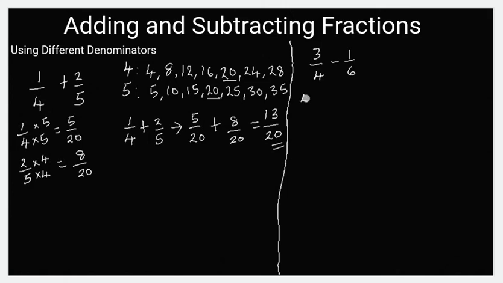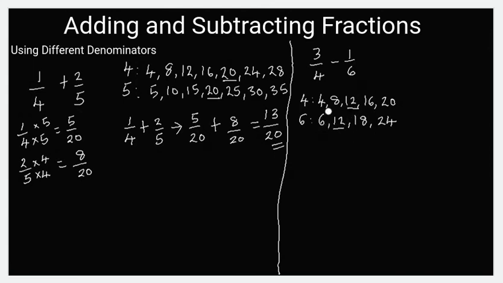So for 4, we have 4, 8, 12, 16, 20. I guess we can stop there. For 6, we have 6, 12, 18, 24. All right, so what's the least common? Is there any common number? Right, it's 12 and it's the least.